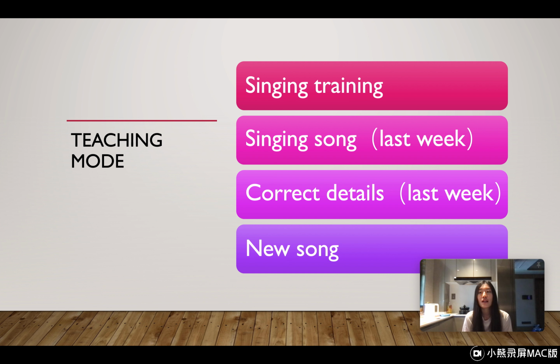Finally, learn a new piece, which is often the week's homework. I think it's a scientific and effective vocal music teaching process, which can effectively use the time and achieve the goal in the one-hour vocal music course.